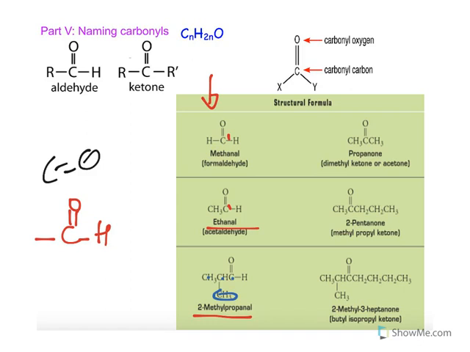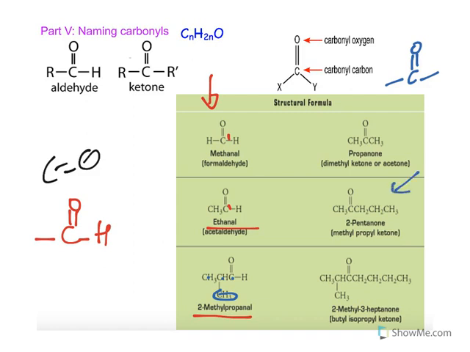propanal. For naming the ketones, which have a functional group C=O with no hydrogens attached to the carbon, in numbering the parent chain, we will give the carbon bonded to the double bond O the lowest possible number.